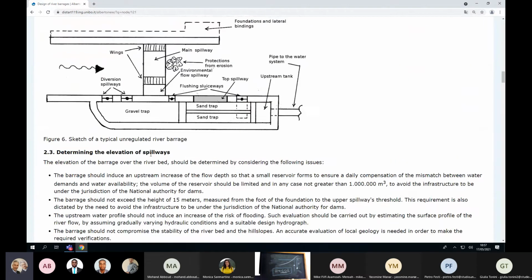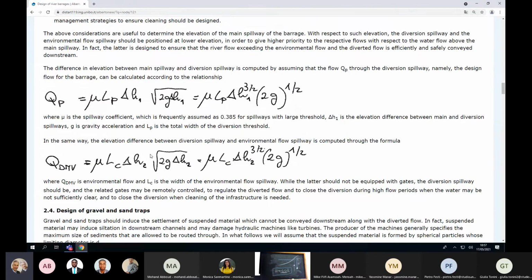And to answer this question, you have to use these two relationships that you see on the screen now. These are, again, for determining the elevation of the environmental flow spillway, main spillway, and diversion or withdrawal spillway.